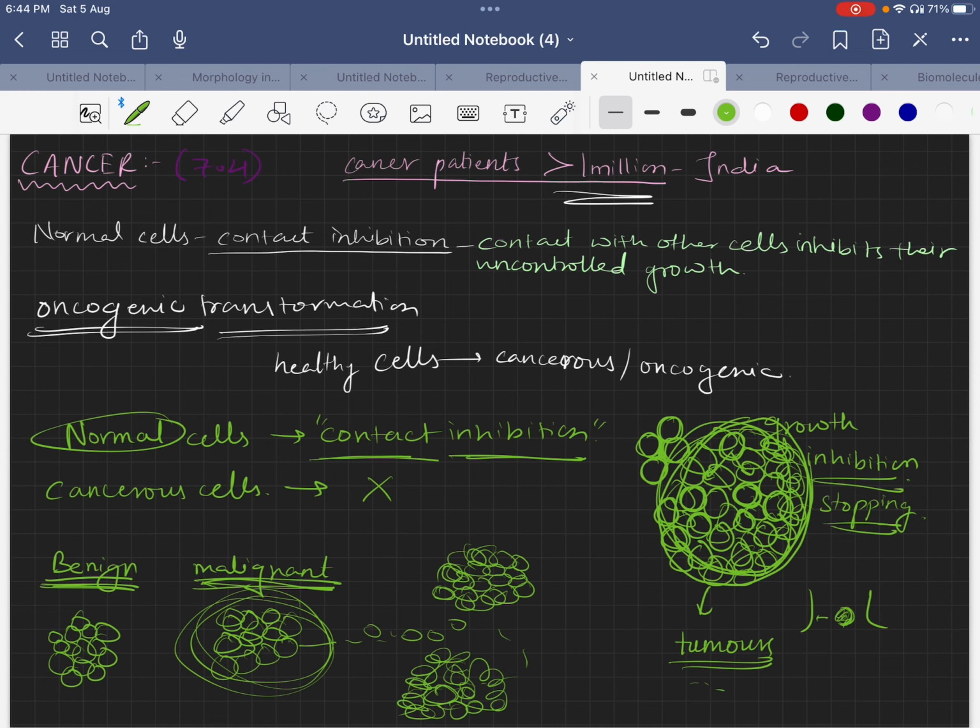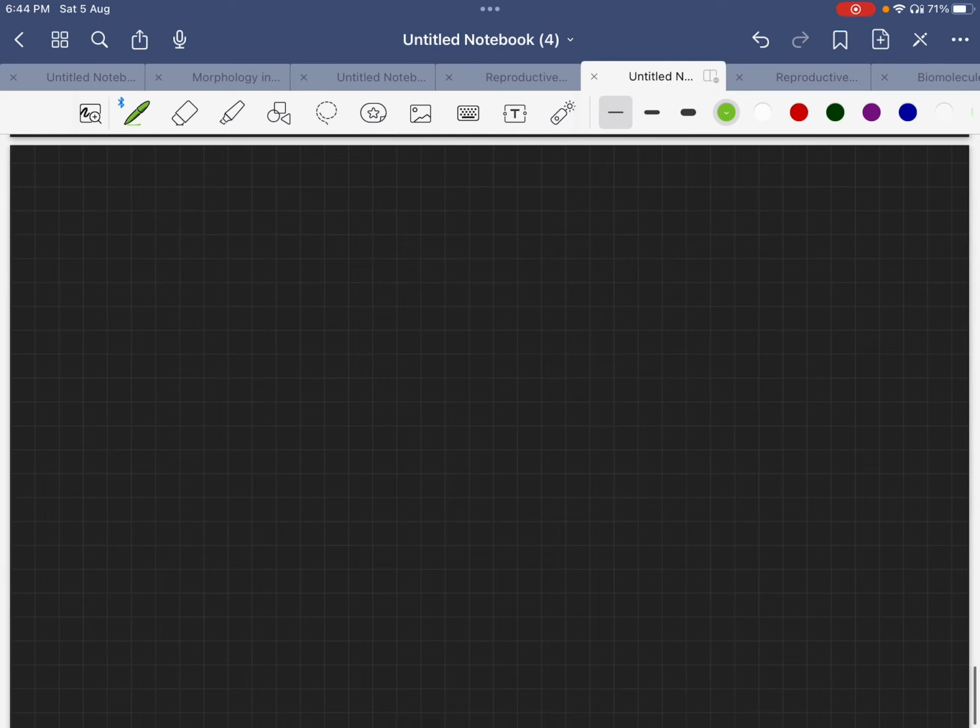These cells grow very rapidly, invading and damaging the surrounding normal cells. As these cells actively divide and grow, they also starve the normal cells by competing for vital nutrients. I hope you understand that.